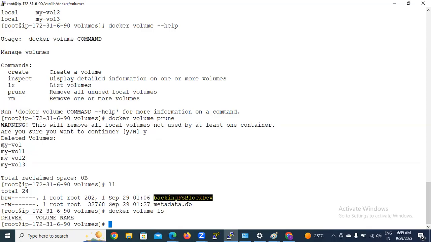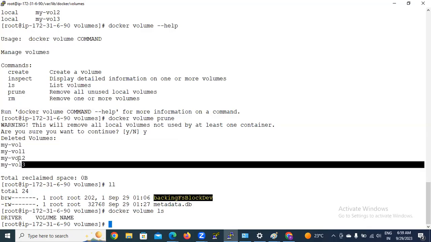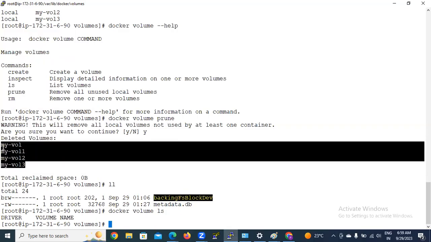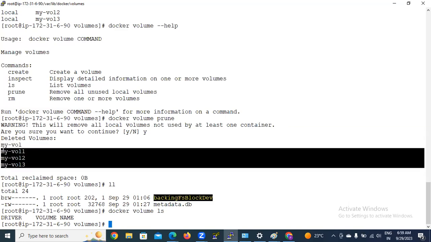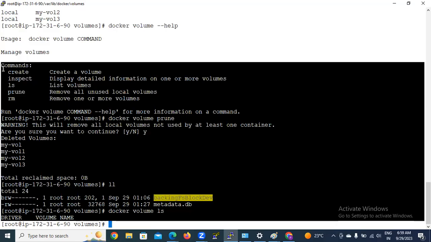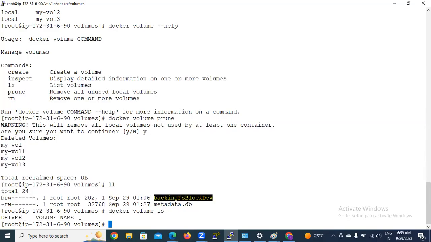You had created four volumes and by mistake you were not using them anywhere. So if you want to delete unused volumes, you can fire this command, docker volume prune. Even for images you can use the prune command. In place of docker volume, you have to type docker image prune. It will delete unused images. So this is a very important command, and in an interview people will ask about it also.